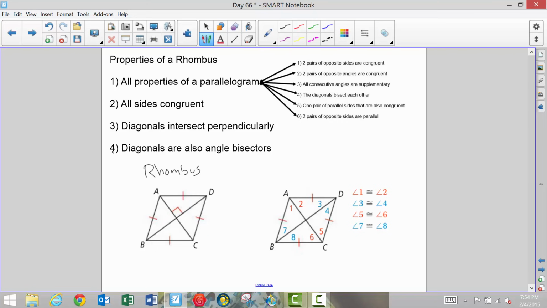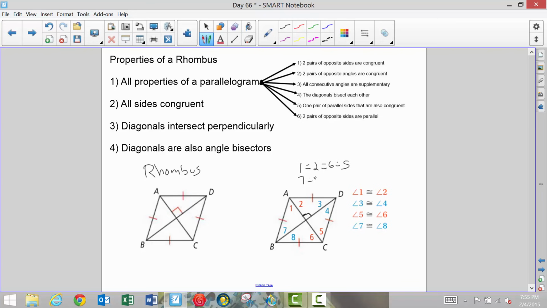And fourth rule for a rhombus is the diagonals are also angle bisectors. So here it's a rhombus, all sides are equal. I have my diagonals. Yes, I know the diagonals here meet at 90 degrees, but also I know that angle 1 and 2 are the same, 6 and 5 are the same. So I know that 1, 2, 6, and 5 are all congruent.